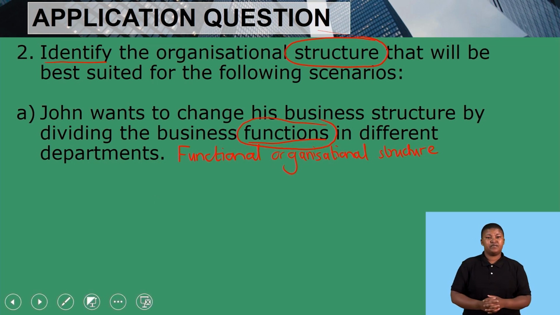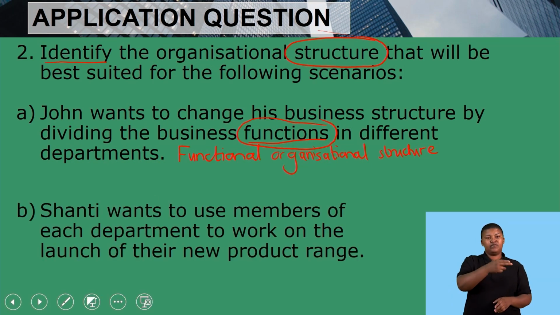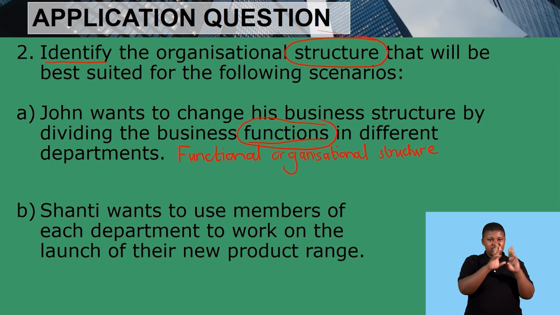Then the second question says, Shanti wants to use members of each department to work on the launch of their new product range. So Shanti wants to use members from the different departments to work on a specific project. So remember, the difference between the project organizational structure and the matrix organizational structure is that in the project structure, the team will be taken out of their departments.